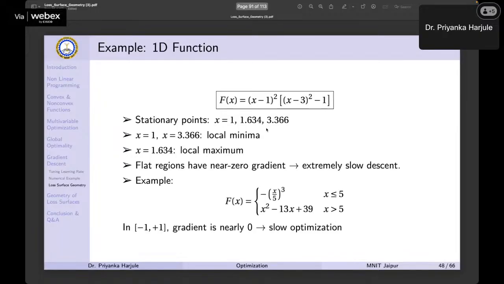Another example here, which demonstrates the presence of flat regions, is this one. This is an objective function which has a flat region. In a while, I'll show you the graph of it. And you see that in this interval, minus 1 to 1, the gradient is nearly 0.